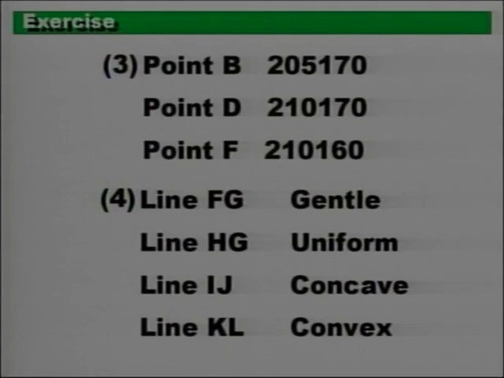Top of the feature, okay? The lines are closer together at the top of the feature. And finally, line K to L is convex. The lines are closer together at the bottom of the feature. So I'll repeat, FG is a gentle slope, HG is uniform, IJ is concave, and KL is convex.